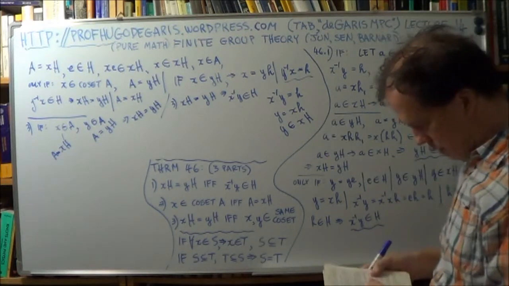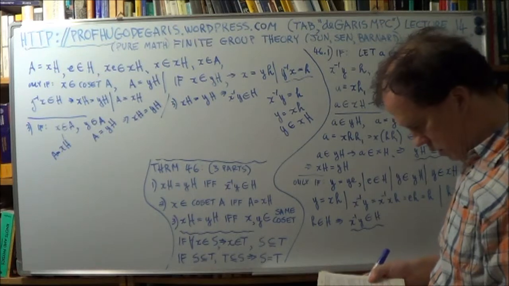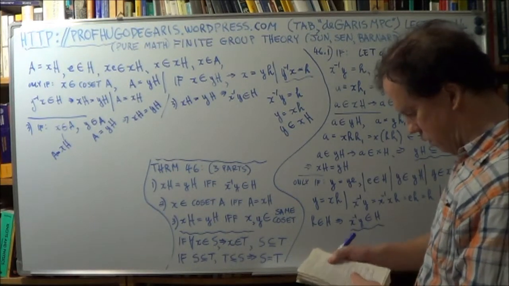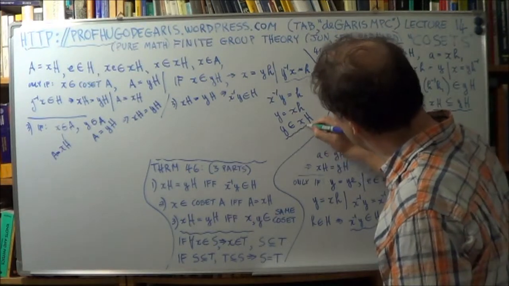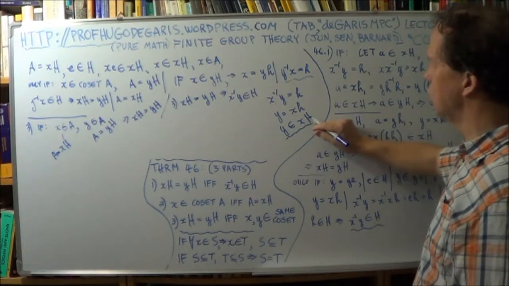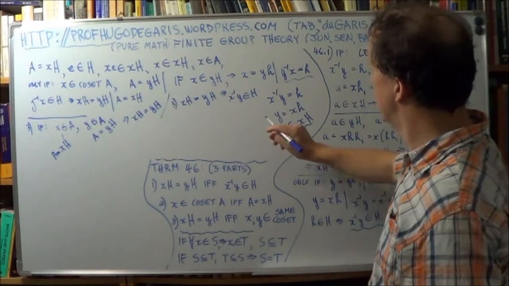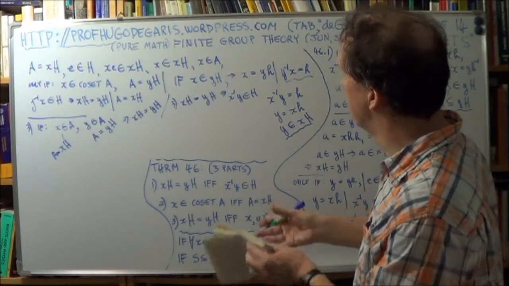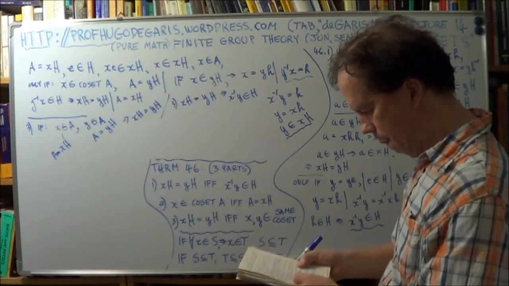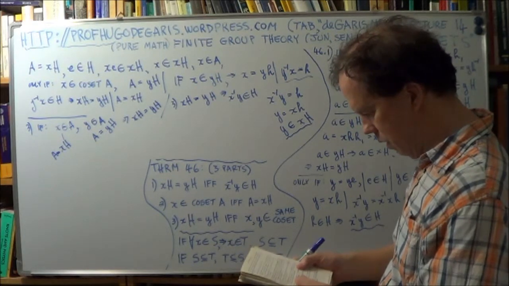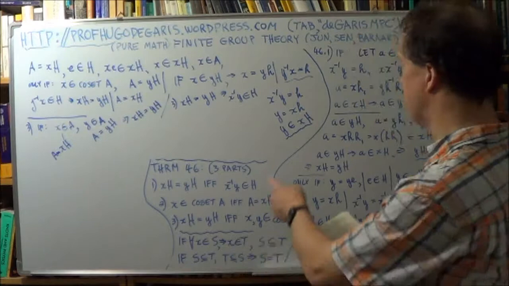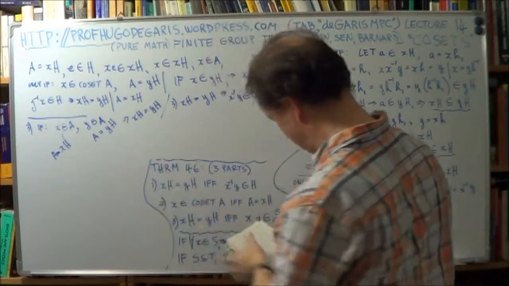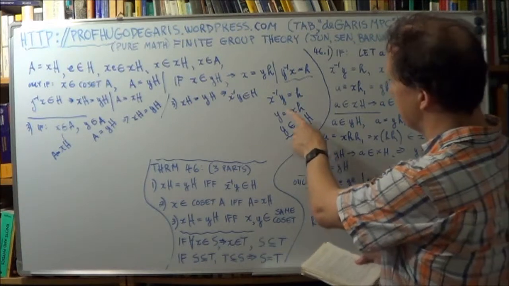Right, so we know that, and okay, so we've got that y belongs to this left coset xh, and now x belongs to xh.